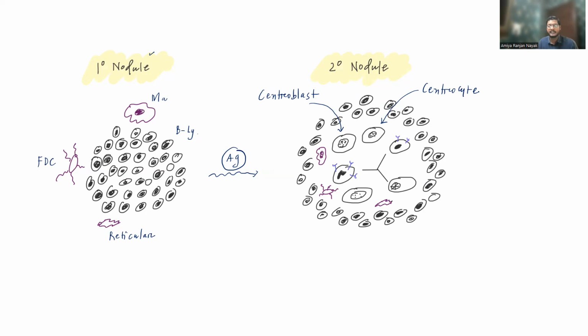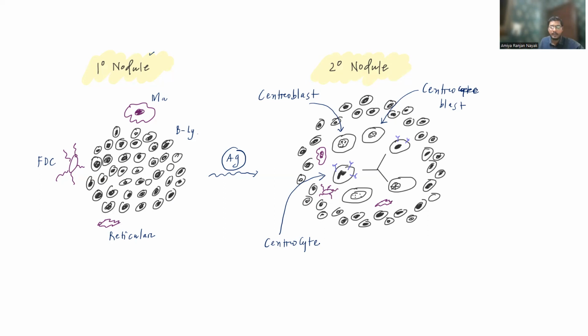Then they will become centrocytes. Centrocytes are slightly smaller than the centroblast. Sorry, this is also a centroblast because it has open chromatin. This is a centrocyte. Centrocytes are slightly smaller compared to the centroblast. They will have a twisted, slightly darker nucleus, and they will also have surface immunoglobulins.